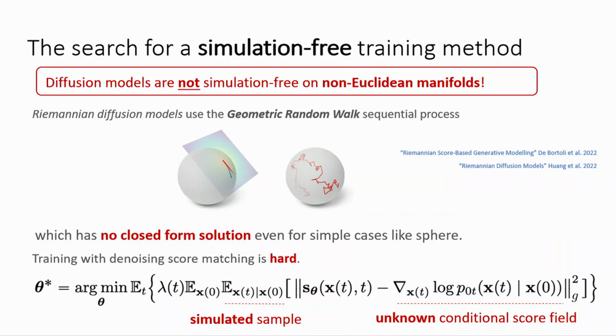But if we look at this in curved geometry, then the diffusion process needs to be redefined using a geometric random walk, and the corruption and inverse process of that is very hard to compute. There's no closed form solution, and you have to do very expensive approximation that will increase the statistical errors and also lead to very undesirable optimization behavior. And it's just too complex.